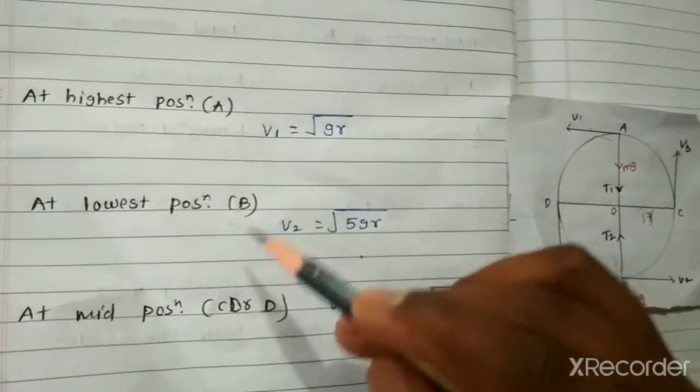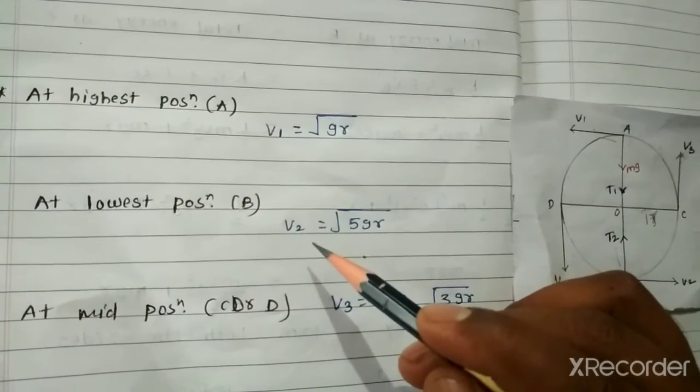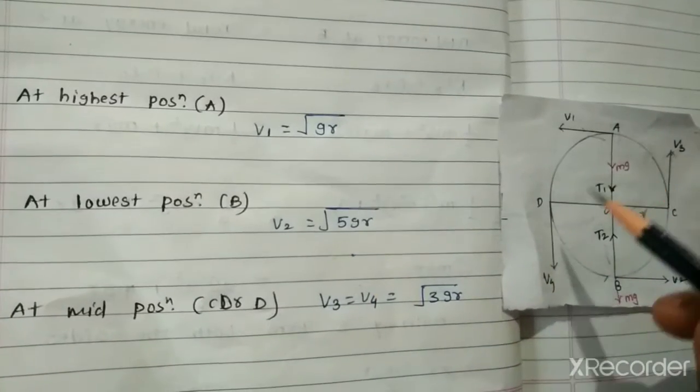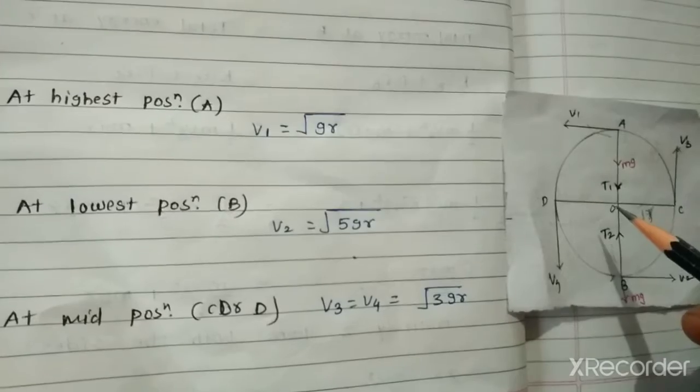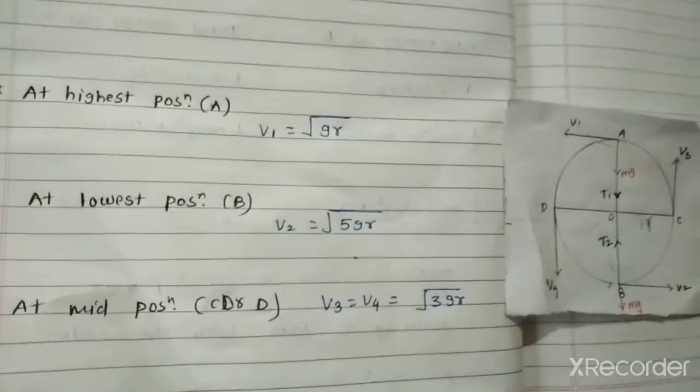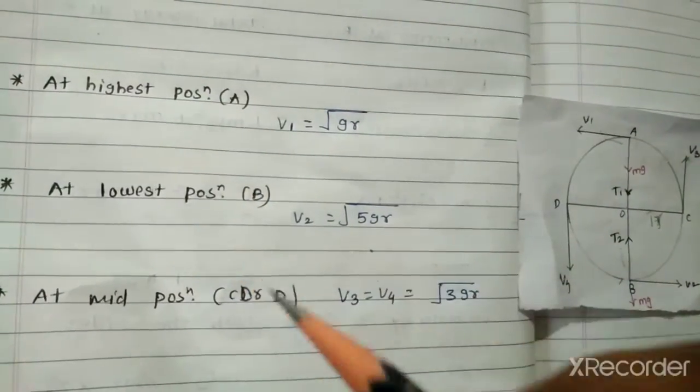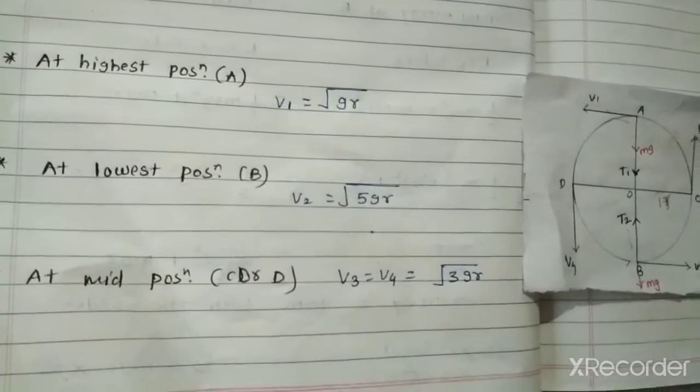These are the values of minimum velocity at the highest position, lowest position, and mid position.